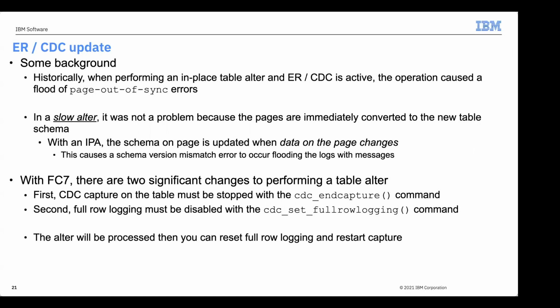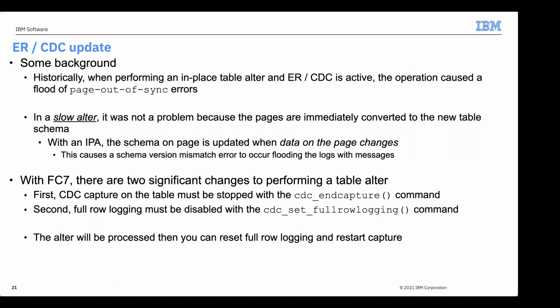But with an in-place alter, we would go through and update the schema in the metadata of the table, but the table's pages themselves didn't change until you updated data on that page. Then we would convert the page to whatever the latest schema version is.